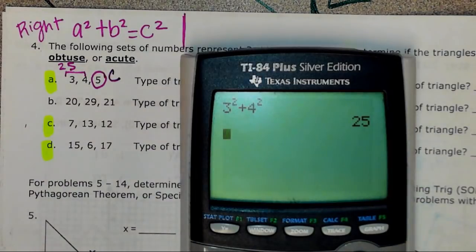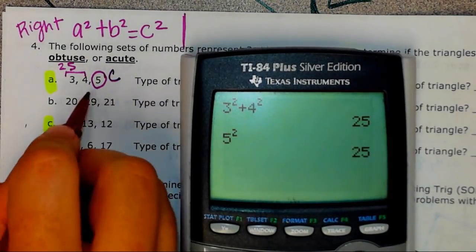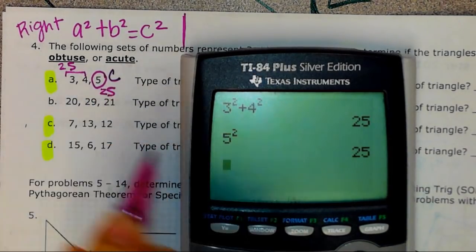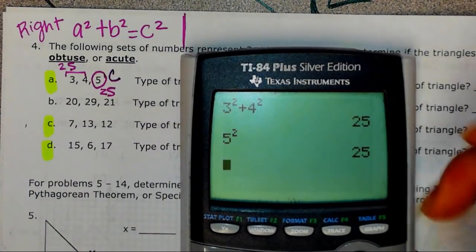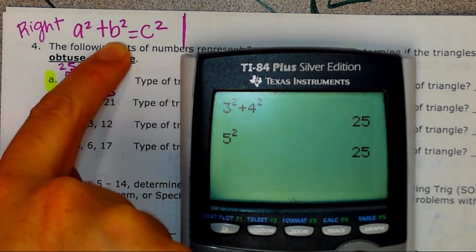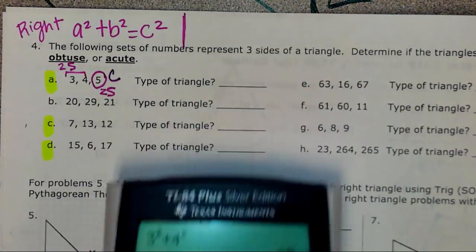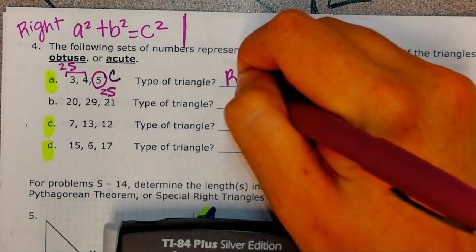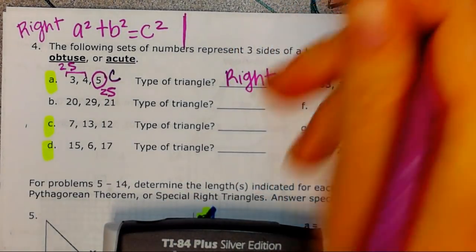Type in your 5 squared, that's also 25. If they're equal, that tells me this is a right triangle because they're equal.